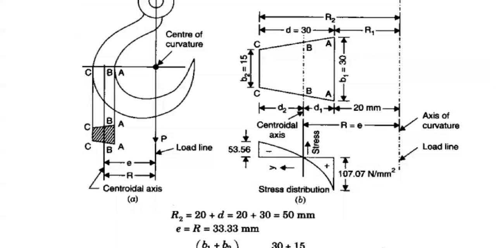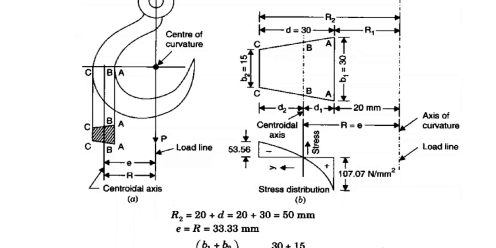Now please observe, if we consider section CC, what is your y value? It is D2, the central distance D2, right? Now if we consider section AA, the y value is D1. From the figure, you please observe that the dotted lines represent the central axis.